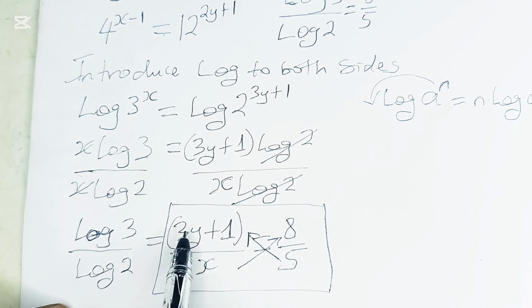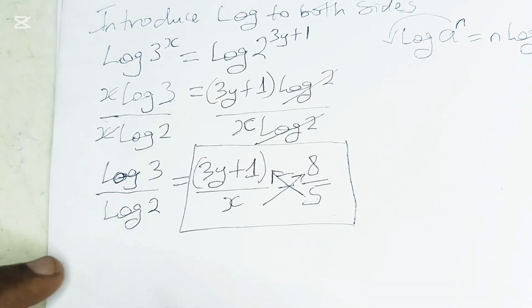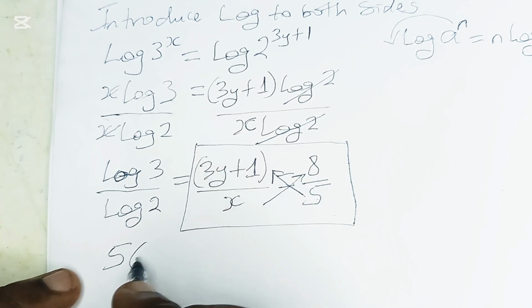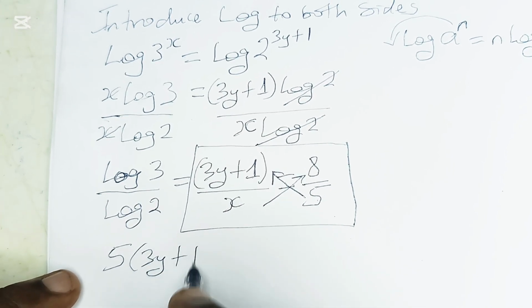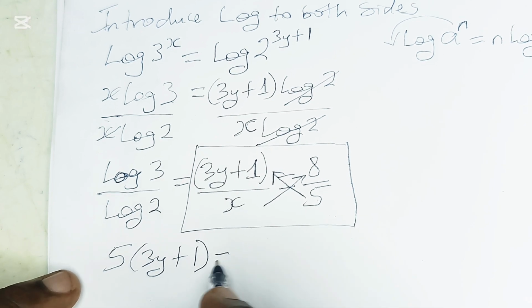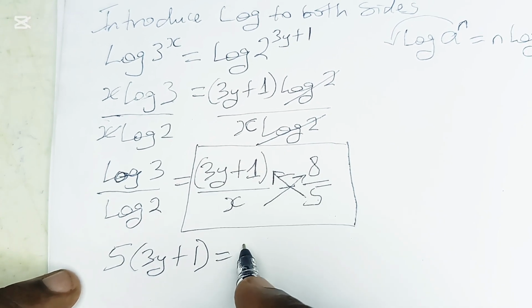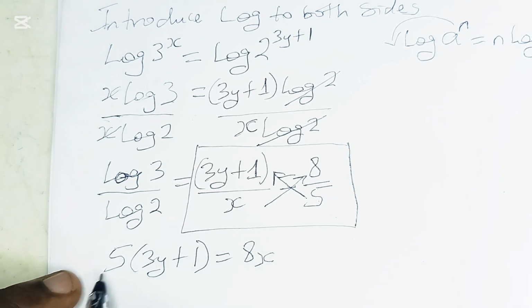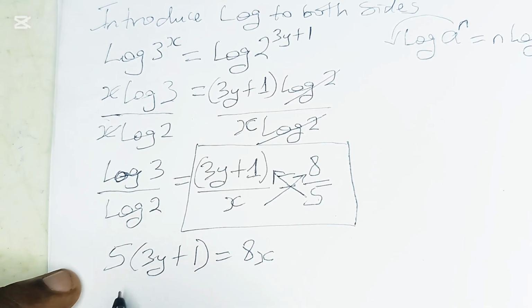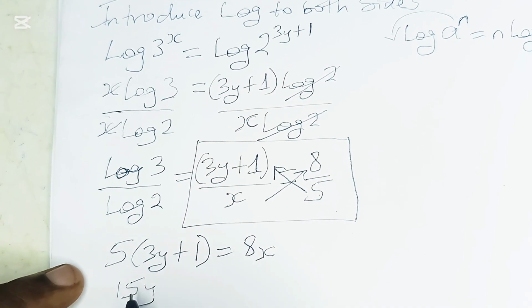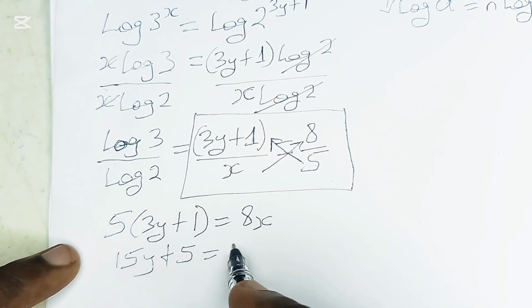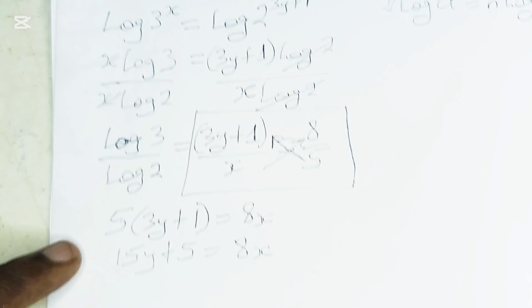So 5 into 3y plus 1 is equal to 8x. That is, this multiplied by this. So we have to open this bracket. 5 times 3y, that should give us 15y, plus 5 times 1, that should be 5, is equal to 8x.